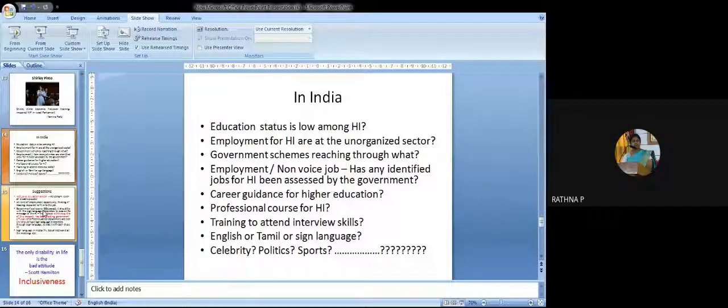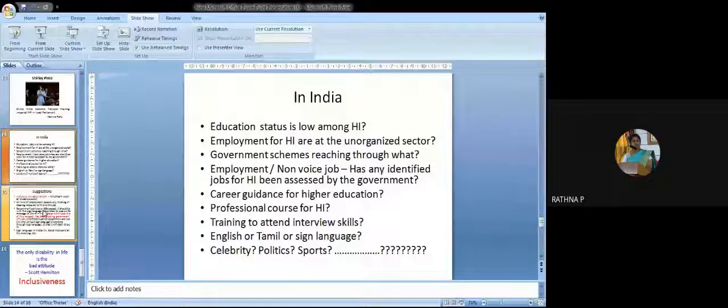Likewise, how are government schemes reaching them? All the government schemes, when they go to the website, hearing people will get in and understand. If they are illiterate, how will they understand? Only through sign language will they be able to understand what the government says.